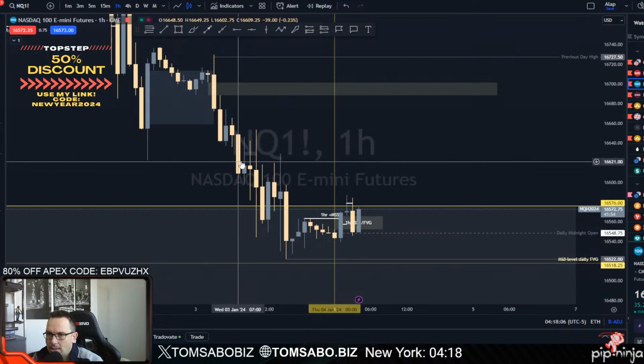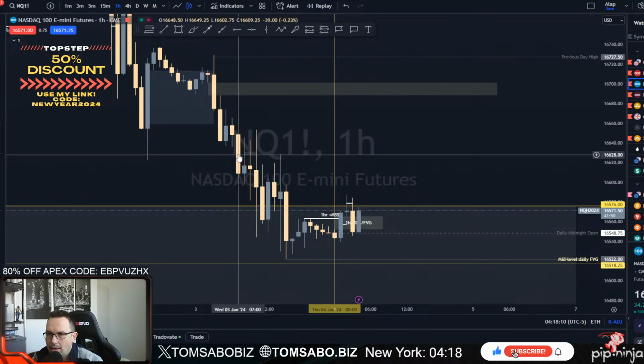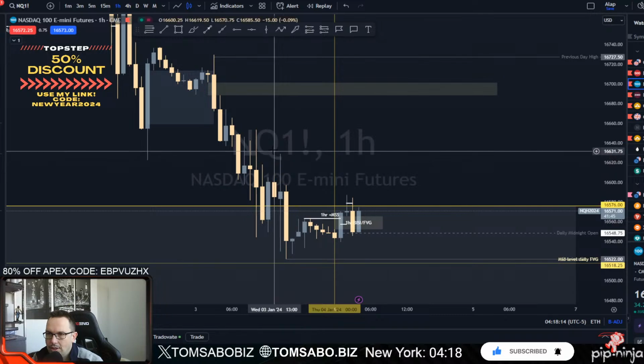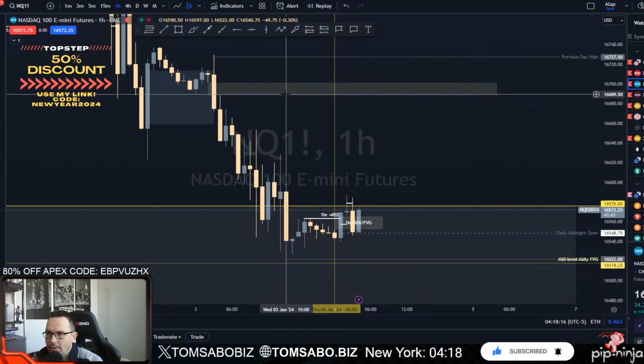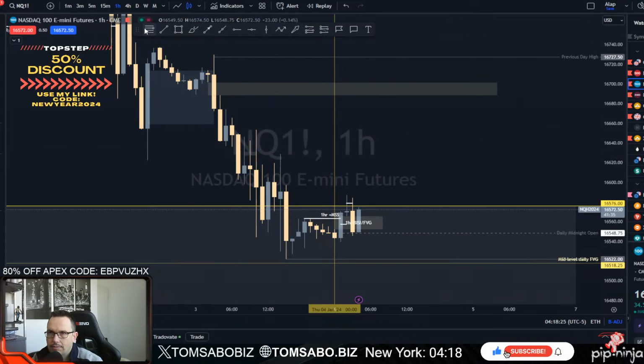We have all these wicks here, which a little bit concerns me. That can give us a high resistance level. If we get through these wicks, then we're definitely going for the 689-ish fair value gap. We just have to get through these wicks.